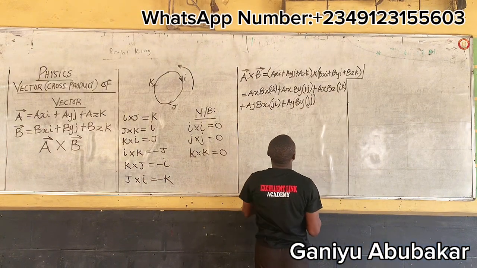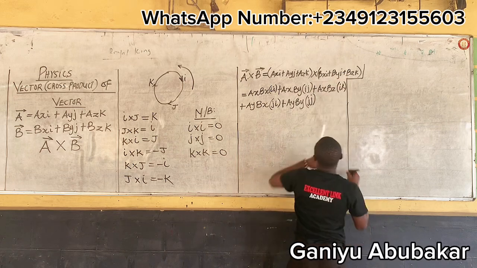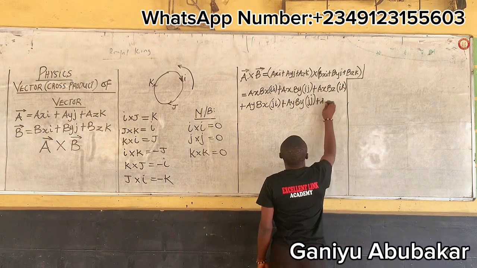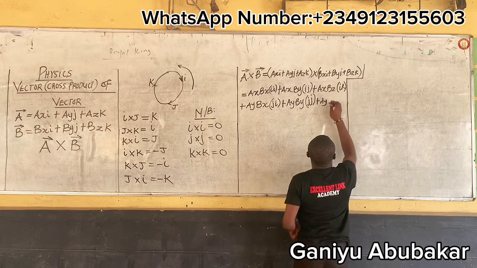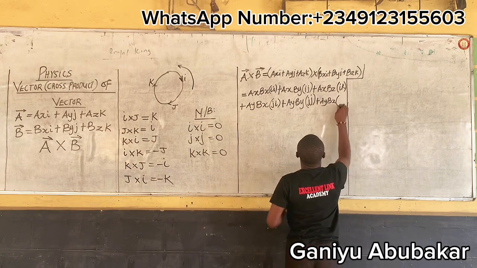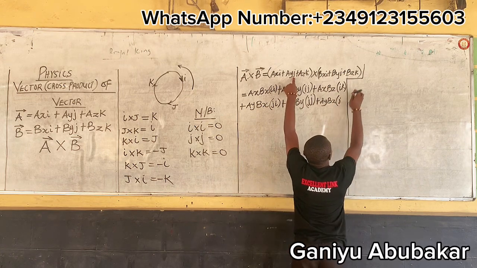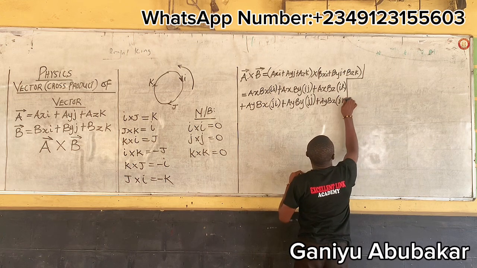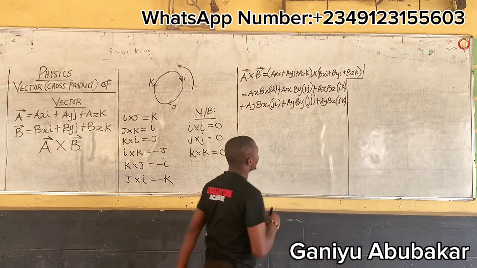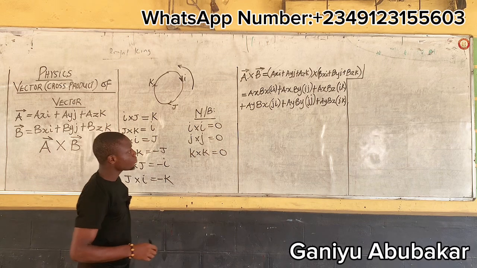I have this. What next? This one with the last one. So plus A_y B_z into j k. Yes, j k.